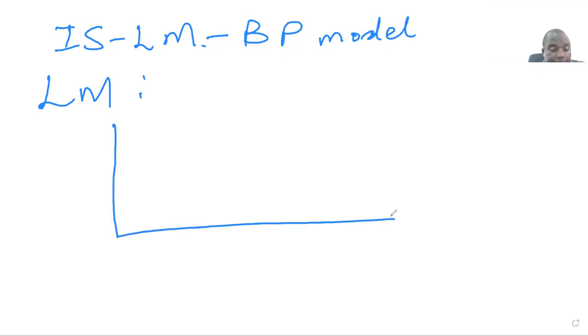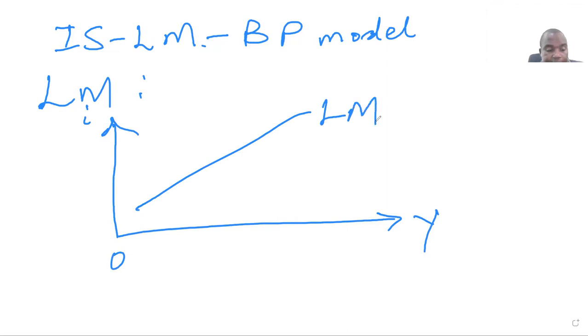Graphically, we know that on the vertical axis, we've got the interest rate, and on the horizontal axis, we've got national income, and the LM curve is upward sloping like that. That's your LM curve.